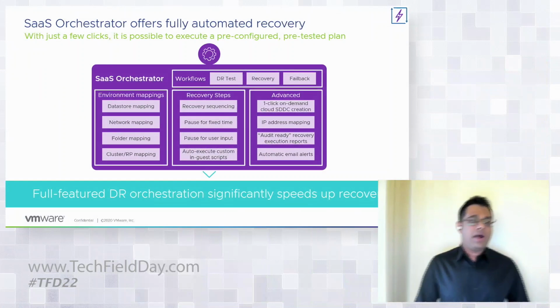Okay. So again, this is something that was covered very well in a previous demo session, but just to summarize what the orchestrator is capable of here. The SaaS Orchestrator component, which is the other major component besides the scale-out cloud file system, is running in the cloud.